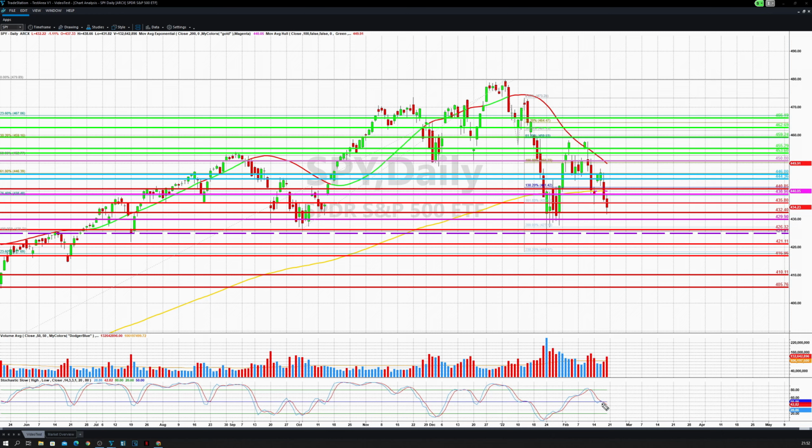The stochastic is moving face down, so just by looking at it for the daily we can see an attempt to move down, and maybe by moving down we can see some sort of divergence.